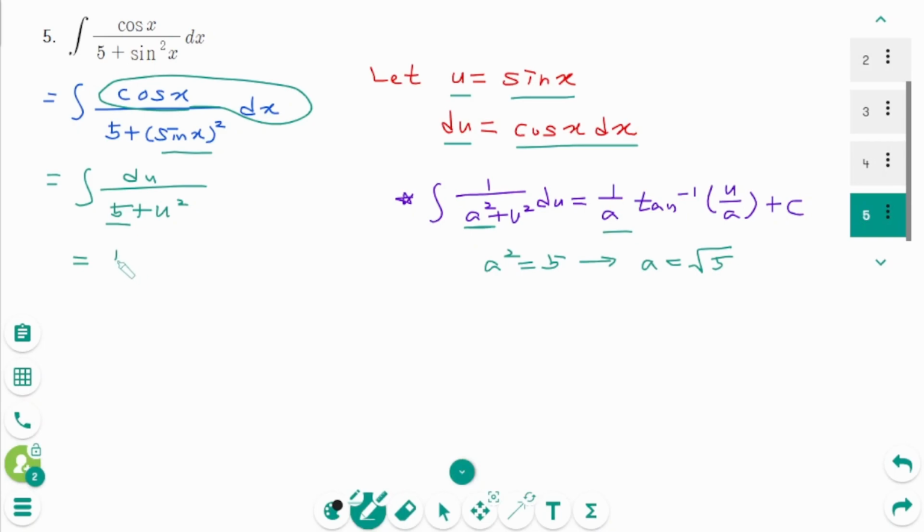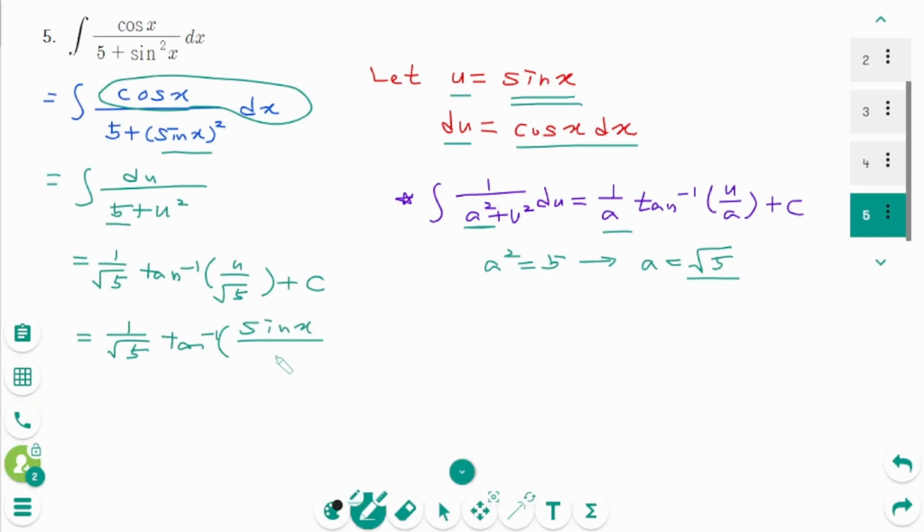Then 1 over square root of 5, arctangent u over square root of 5 plus c equals 1 over square root of 5 arctangent of u, which was sine of x, over square root of 5 plus c.